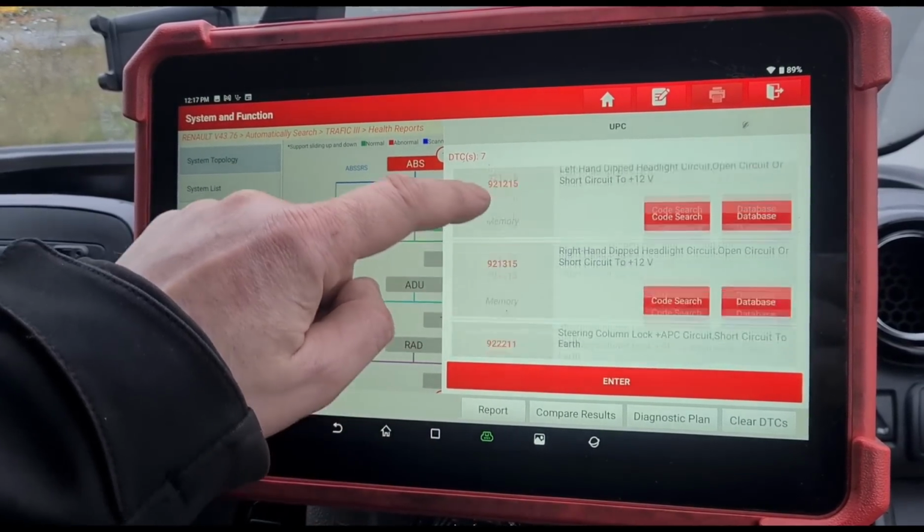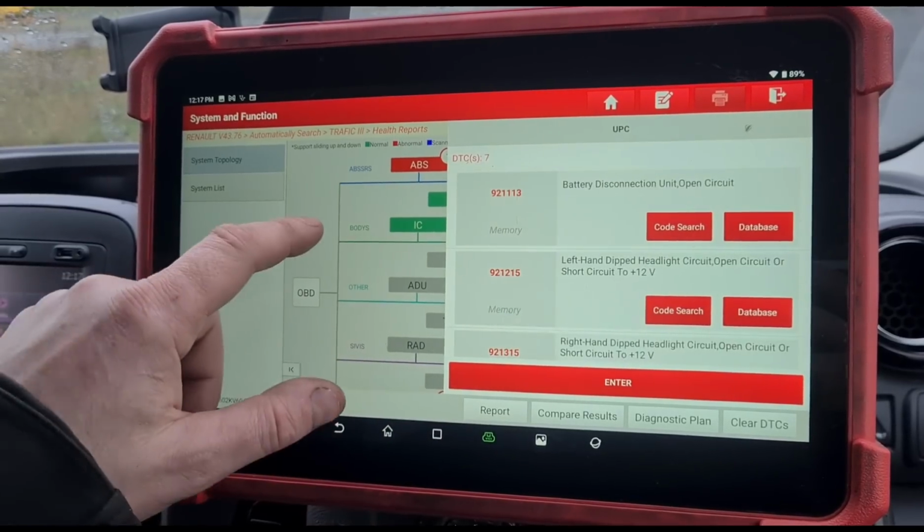Okay, battery disconnection, all sorts of faults there for that.